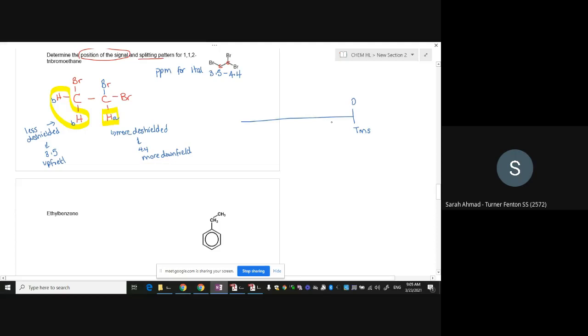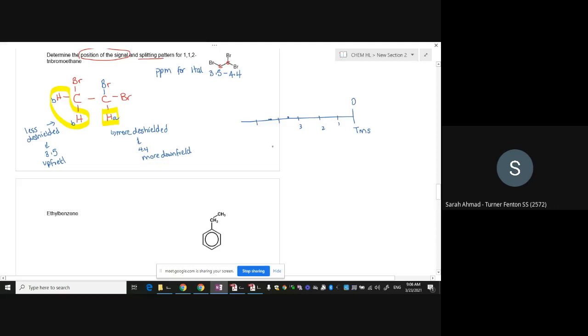So here's 1, 2, 3, 4, 5. So we're anticipating a signal around here, and we're anticipating a signal around here, right? We're anticipating peaks here. Luckily, we're not doing low resolution NMR, we're doing high resolution NMR.